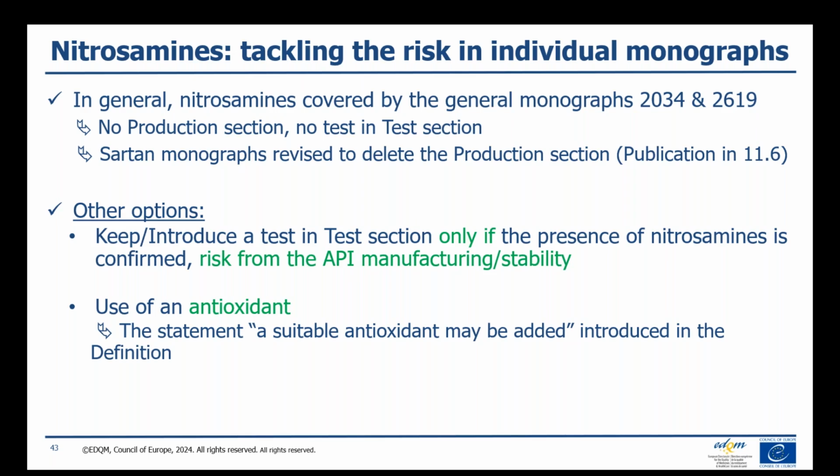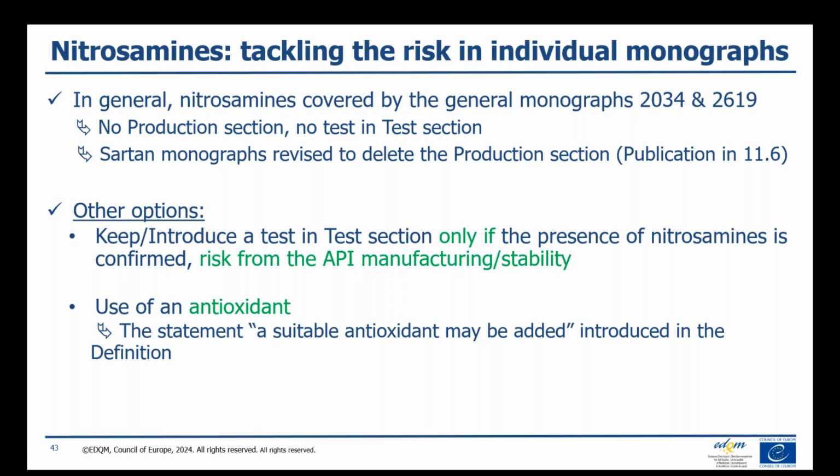Now, for the Zartor monograph, it was decided to delete the production section. So for these monographs, there is no mention of nitrosamines in the individual monograph, because we consider that the control of nitrosamines is covered by the general monograph on substances for pharmaceutical use and pharmaceutical preparations. So the policy is that we will not introduce any production section nor a test in the test section.